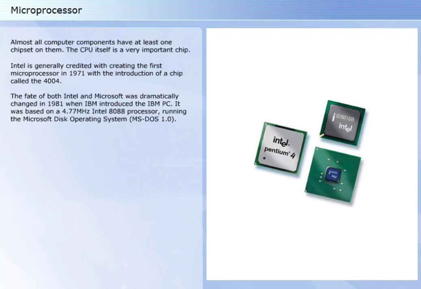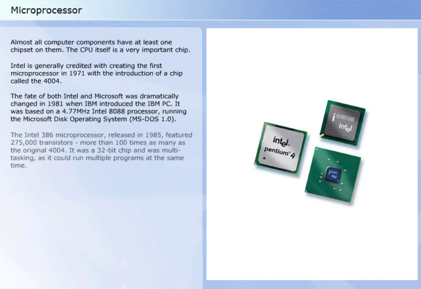The fate of both Intel and Microsoft was dramatically changed in 1981 when IBM introduced the IBM PC. It was based on a 4.77 MHz Intel 8088 processor running the Microsoft Disk Operating System MS-DOS 1.0.